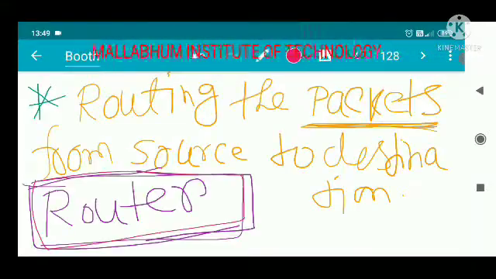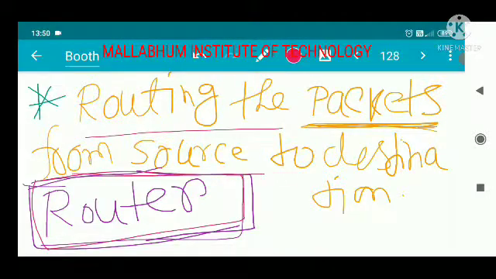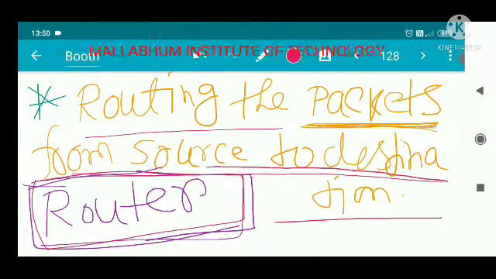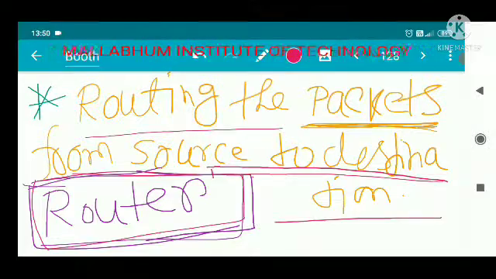Now the router routes the packet from source to destination. Between the source and destination it will decide the minimum distance path.